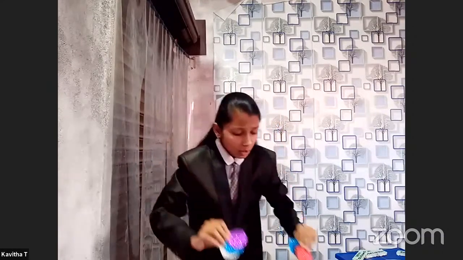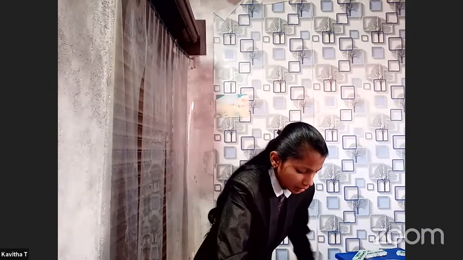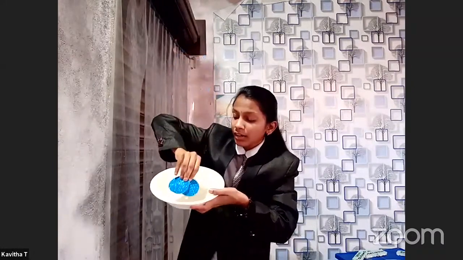Yes, it is blue. Blue is a common element in set A and set B. So we are forming A intersection B.